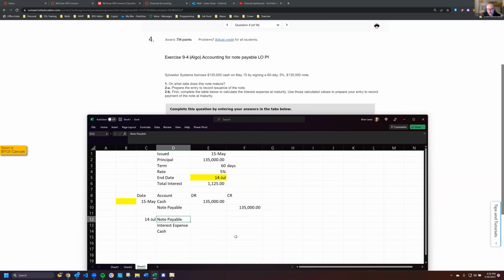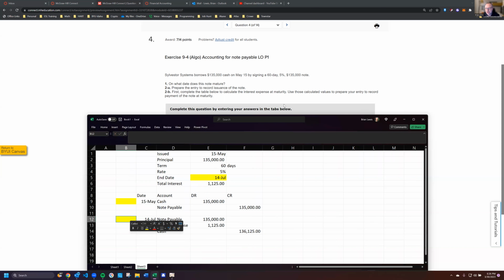So the note payable, we're going to reverse this amount, the 135,000. The interest expense is going to be this amount, and we know it's a debit because an expense has a normal debit balance. And then the cash is going to be the sum of these two numbers. So that should be our other entry that they're looking for.